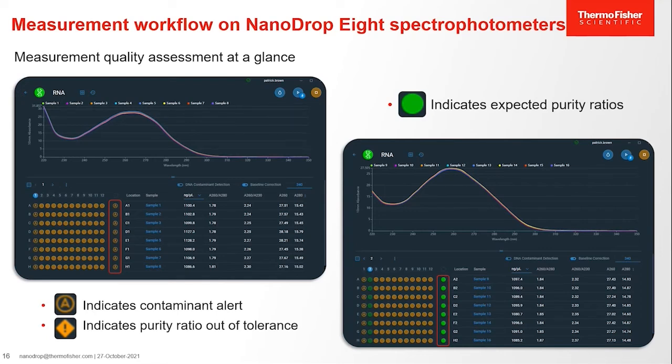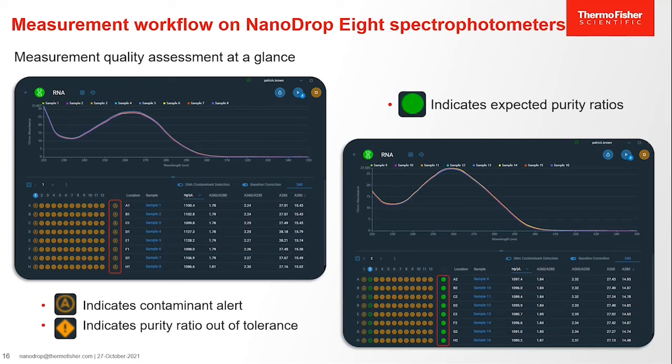The first is the A in the circle, which stands for a Claro. This is going to tell you that you have a contaminant present in your sample. Simply clicking on that A will bring up that window we saw before, where you can see what your contaminant is, as well as what the true concentration of your sample is.